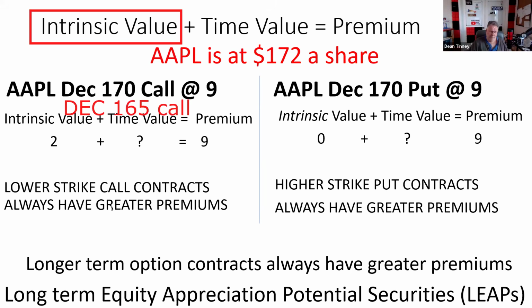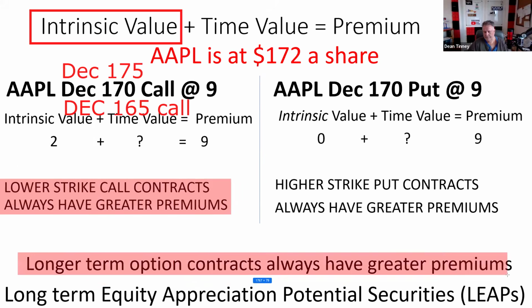So I don't know what it is, I'll punch it up for you, but it's going to be more than 9. You say, Dean, what's the quote on a December 175 call? I say, well, buying at a higher price isn't as desirable, and that'll be lower. An important concept for us is to know that lower strike call contracts always have greater premiums.